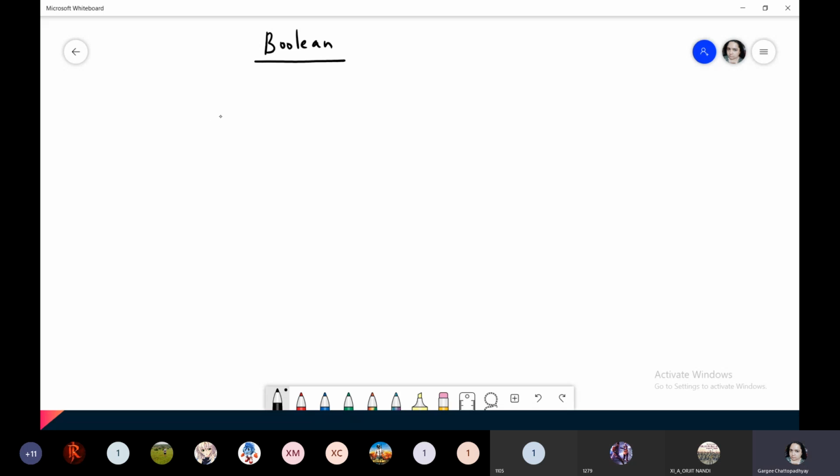The word Boolean comes from the name of a mathematician, George Boole, who created this new data type. And this data type consists of only two values, true and false. Okay, so it has only two values, that is true and false.